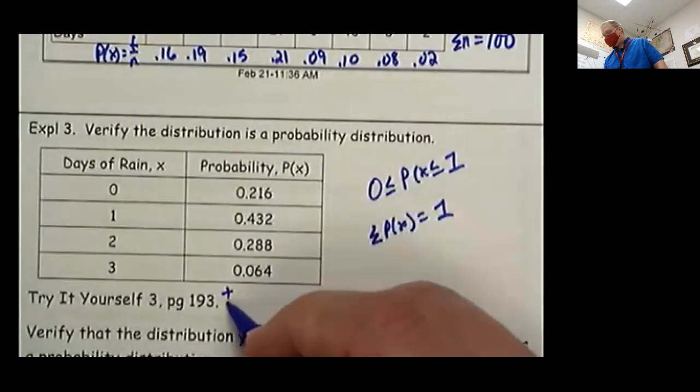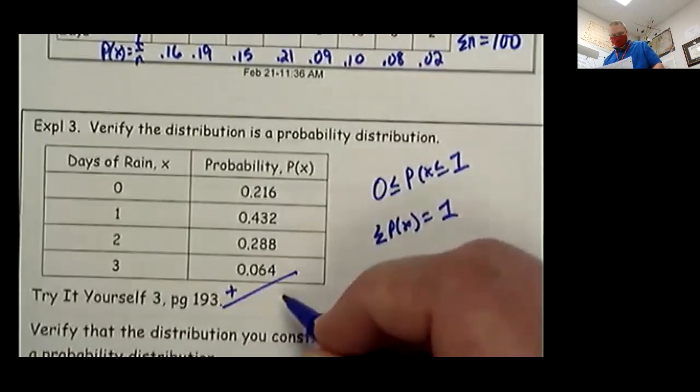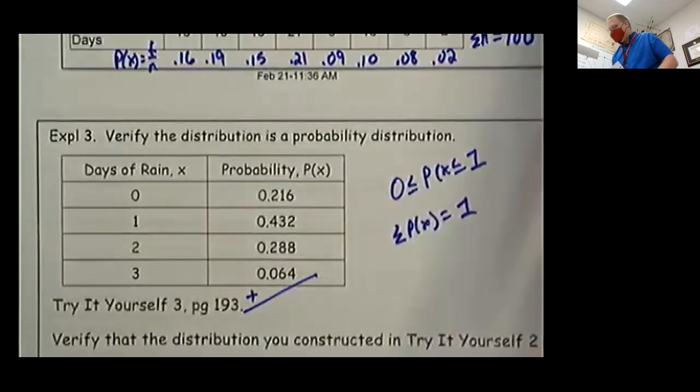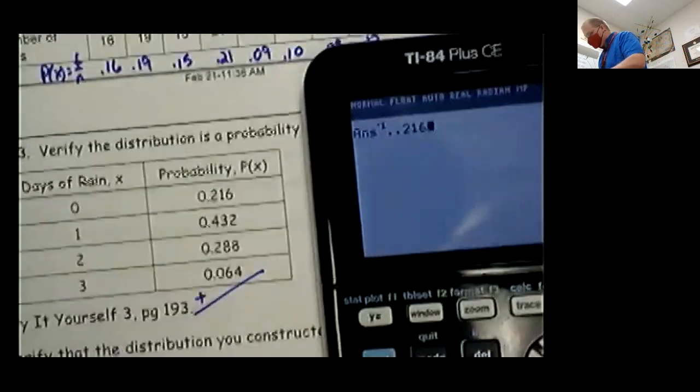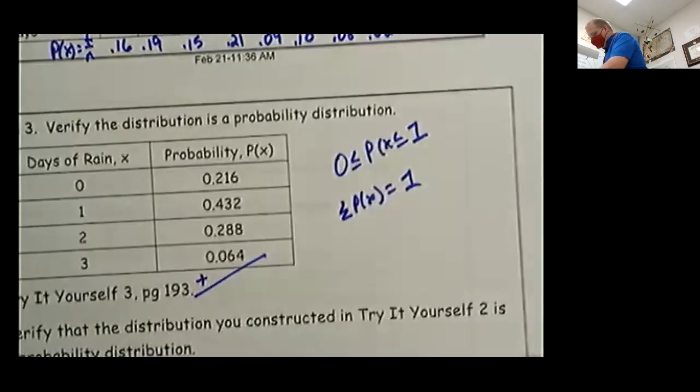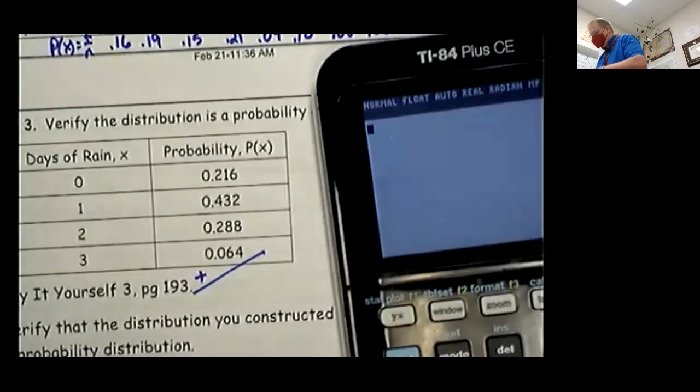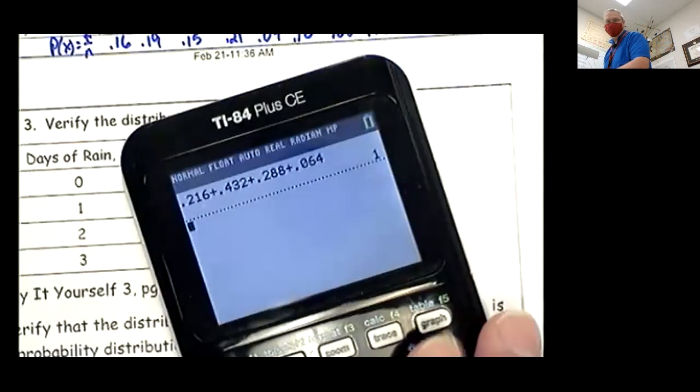And then we want to check on our calculator. We're going to add all those up, and we're going to get a value. And I don't have that written down. So 0.216 plus 0.432 plus 0.288 plus 0.064, and we get a solid 1.